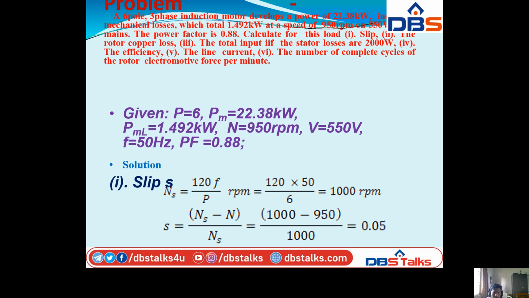Now slip S is equal to (ns minus n) by ns, but we don't know the ns value. ns is equal to 120 F by P rpm, that is 120 into 50 by 6, that is equal to 1000 rpm. Slip is equal to (ns minus n) by ns, that is (1000 minus 950) by 1000, so that is equal to 0.05.